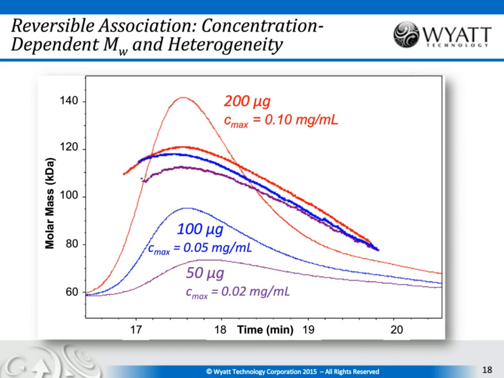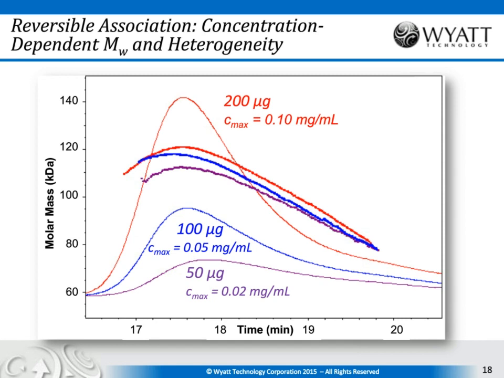And so as you change the concentration, you'll get a different equilibrium ratio between monomer and oligomer. And the overall molecular weight that we measure with light scattering will change. So it will change with concentration. We see that across the peak here and also between different injections which have different concentrations. And so this is an indication that there's some reversible interaction occurring in the molecule.